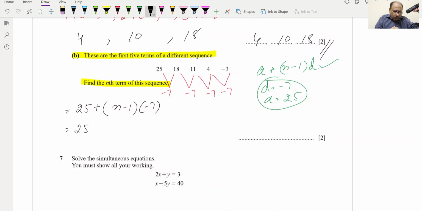So 25 and minus 7n and plus 7, so 25 plus 7 will be 32. So 32 minus 7n will be our final answer for this 2 marks question.